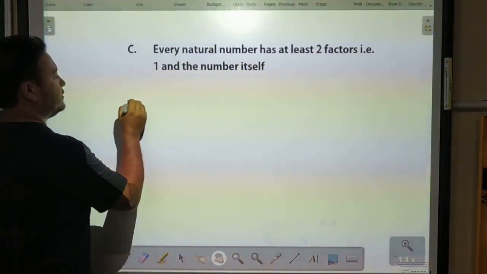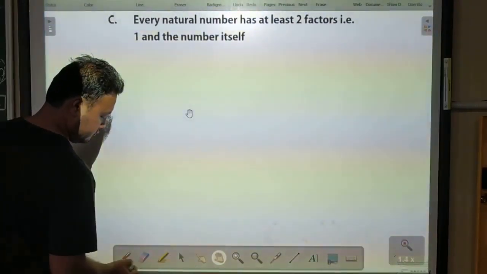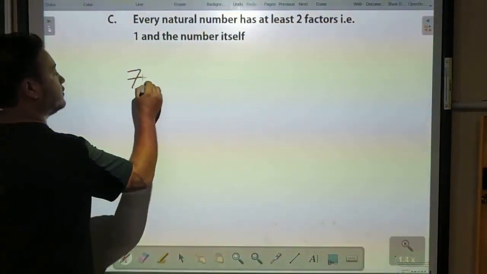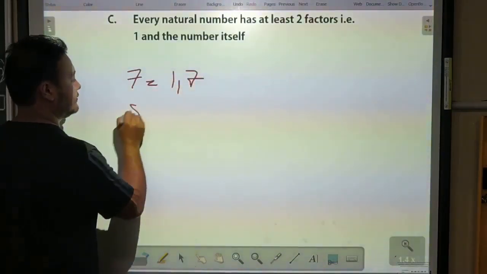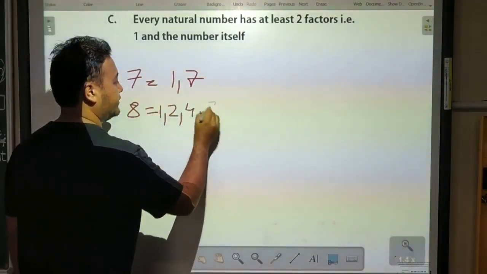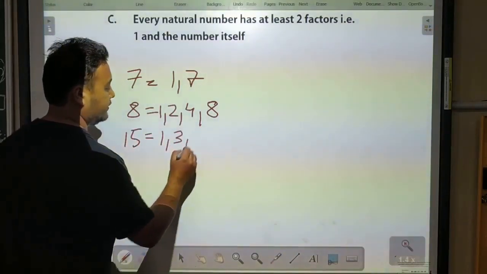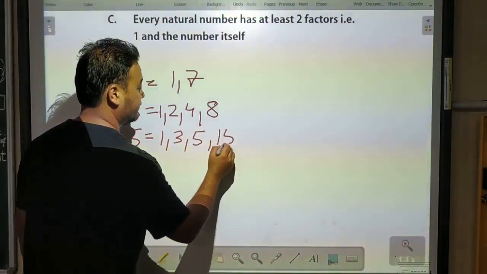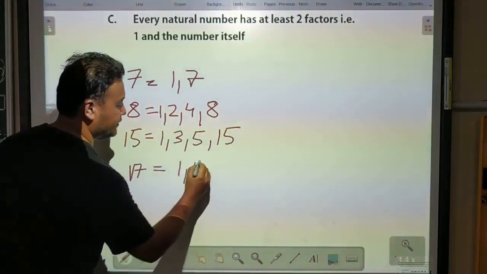So you have 7. Factors of 7, 1 and 7. Factors of 8, 1, 2, 4 and 8. Factors of 15, 1, 3, 5 and 15. Factors of 17, only 1 and 17.